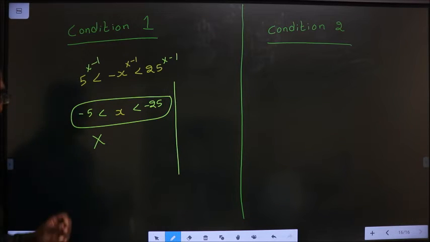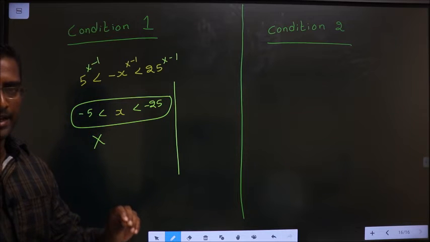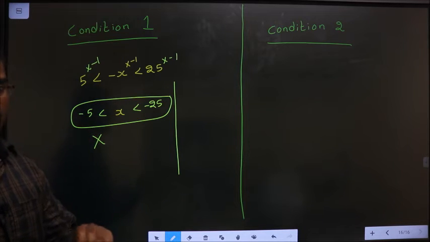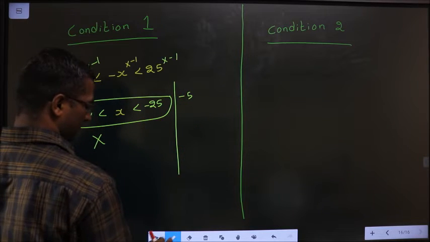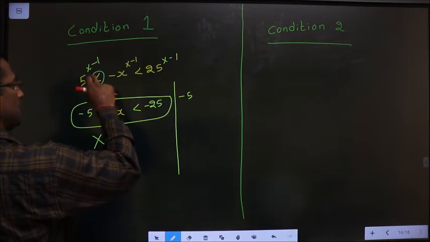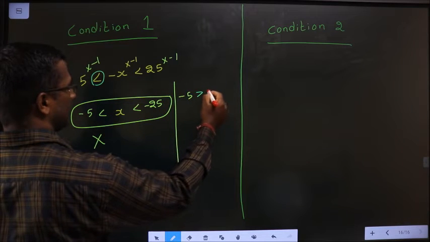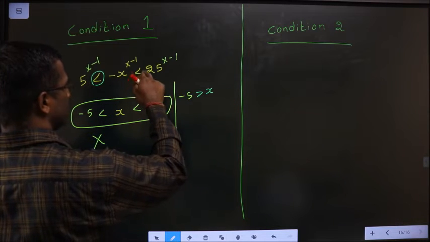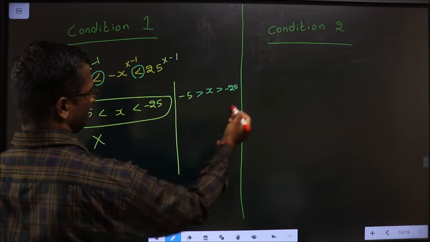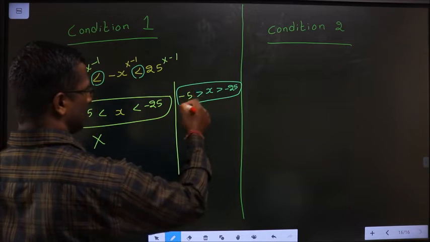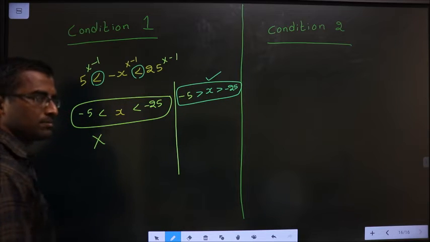In inequality, when multiplying with a negative number, you should change the direction. Now the correct one will be minus 5, change this direction, greater than x, change this direction, greater than minus 25. So this will be our answer and this is correct.